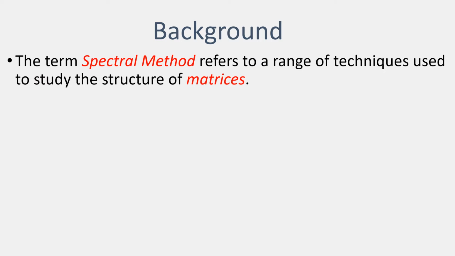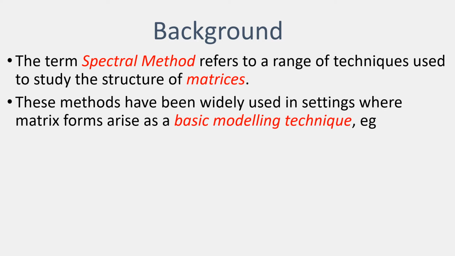The term spectral method refers to a range of techniques which are used to study the structure of matrices. And these methods have been widely used in settings where matrices are a basic modeling technique.